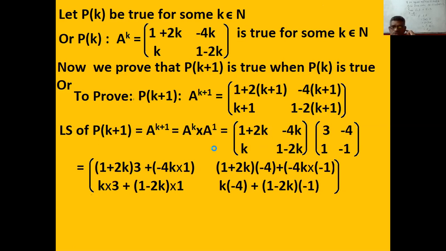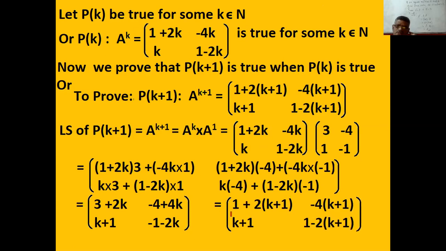Further, second row with the second column. On simplifying, you are getting [3+2k, -4k-4; k+1, -1-2k]. Now you have to show this is as good as the right side. See, 3+2k we can write as 1+2+2k, or 1+2 into (k+1).